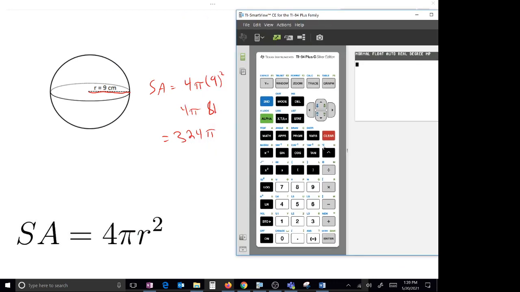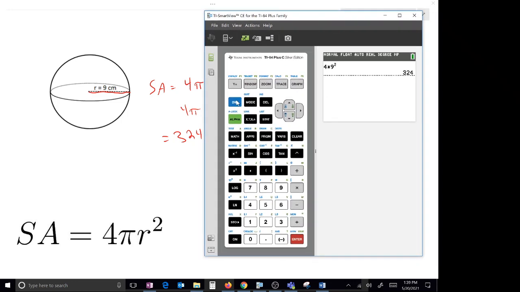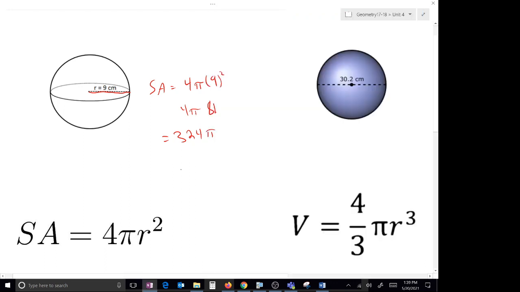Okay, so if I do 4 times 9 squared, yes, we get 324 times pi. There we get 1017.9 approximately. And our units are centimeters squared.